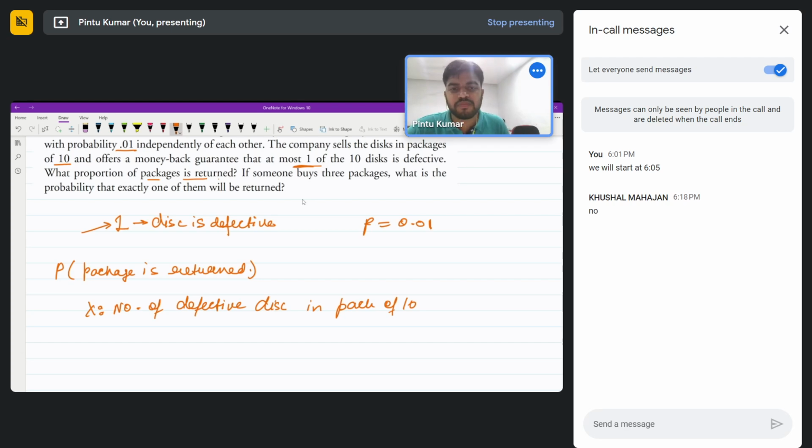Yes. It may mean they should have zero defective. If any defective is there, they will return. That's what it should mean. But the line says that money back guaranteed that at most one of... it should be at least one, right?